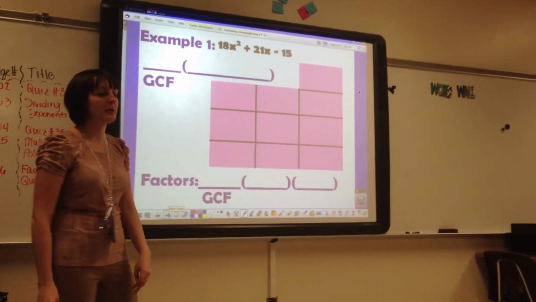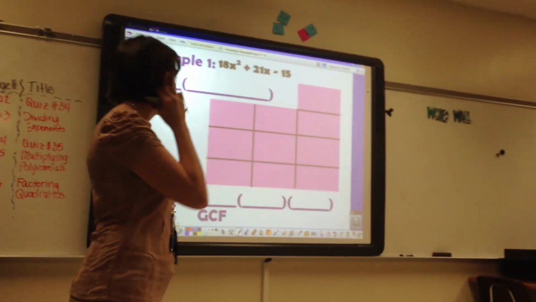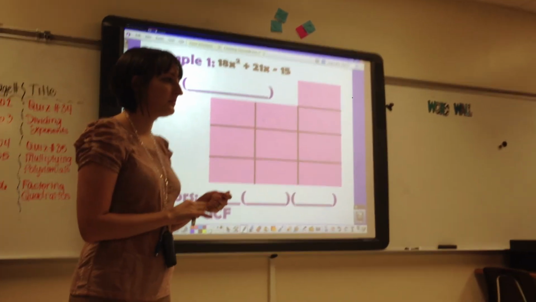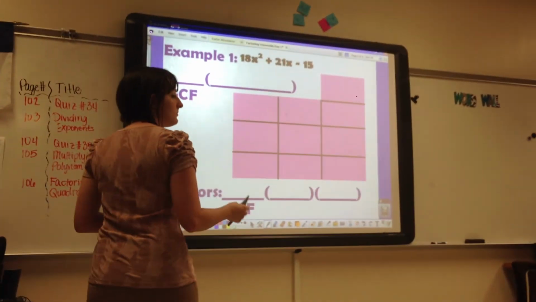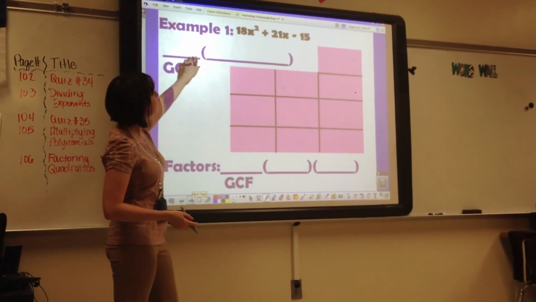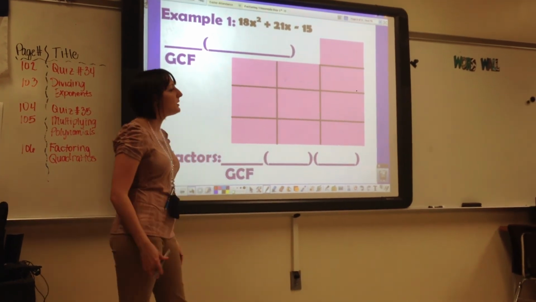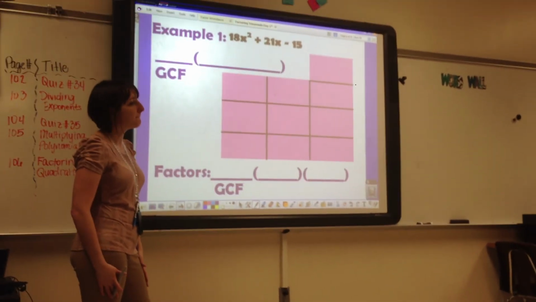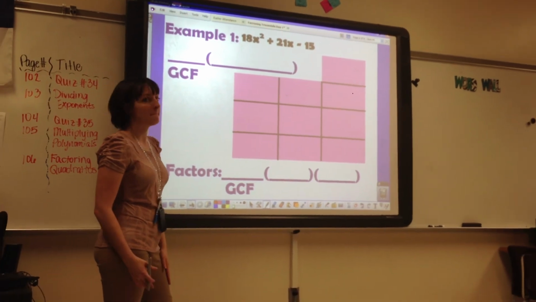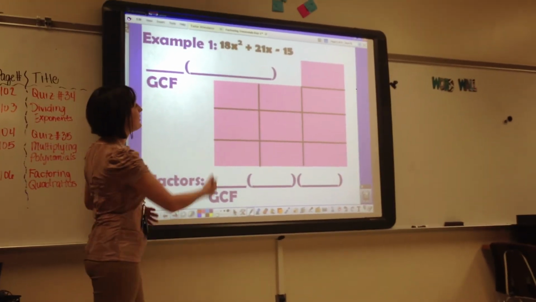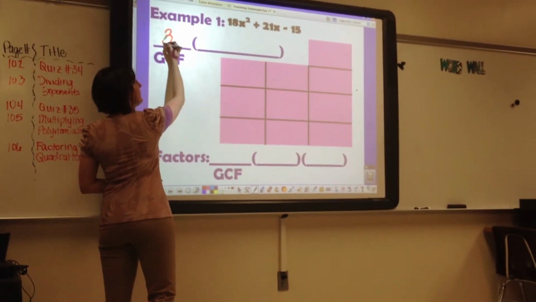Alright, so example 1 on the pink paper. What did we say we had to do first? Thank you, GCF. So for this example, what would the GCF be? 3. All of those are divisible by 3. Is that it?